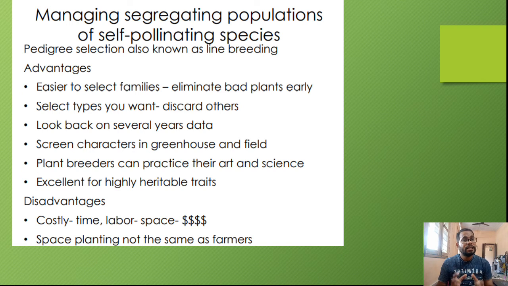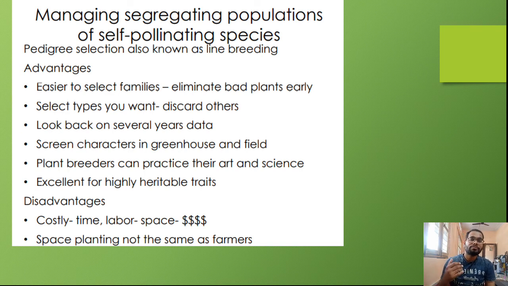Why is it easy? Because selecting for a specific desirable trait is easy, but selecting for many traits at a time is very difficult. We are focusing on only one trait at a time and studying a single family only. So it will be easy to select.